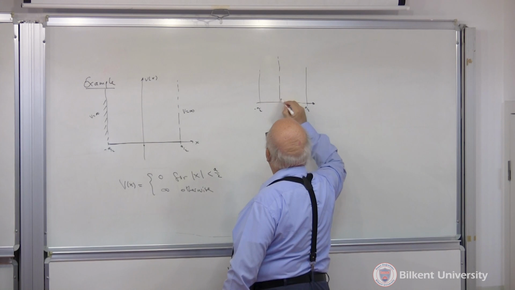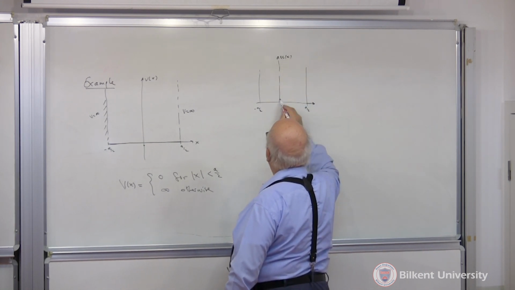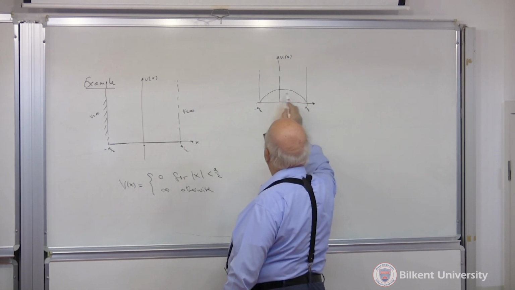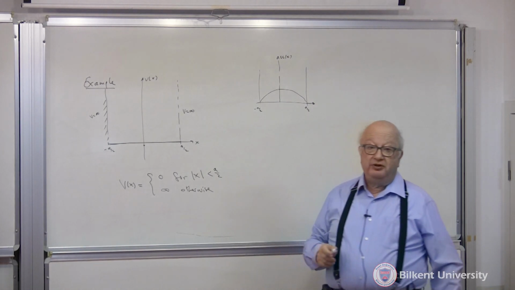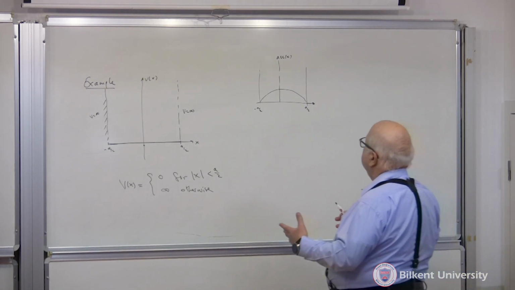Okay, so I'm going to plot the u of x's now. So u1 of x will look something like this. So you see, it's not a sine function, it's a cosine function, right? It's the same function, okay?